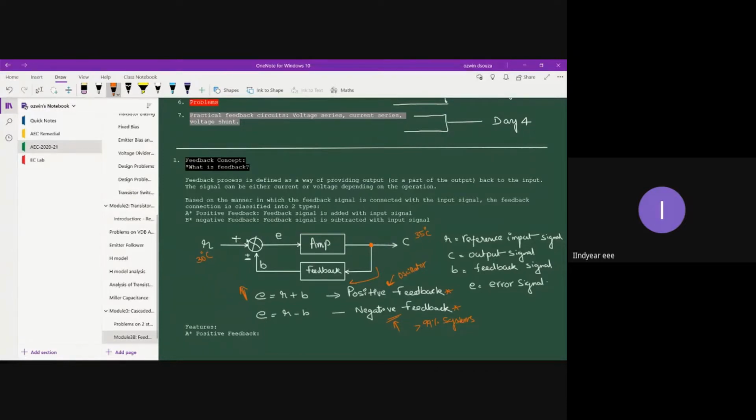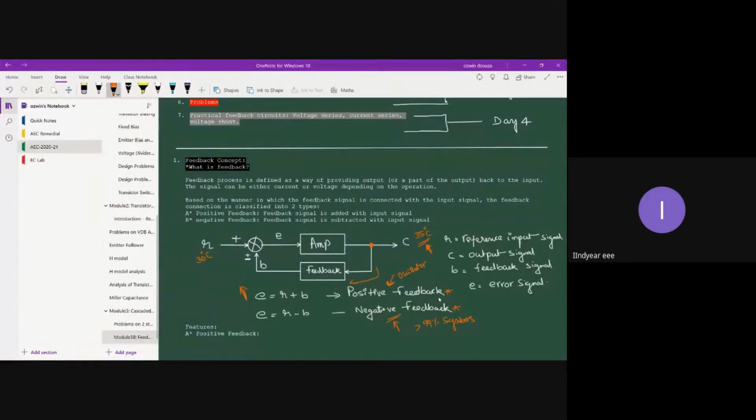So what will happen? The sensor or the thermistor in the air conditioner immediately senses the ambient temperature. Let's say the ambient temperature at a given interval of time is 35 degrees Celsius.